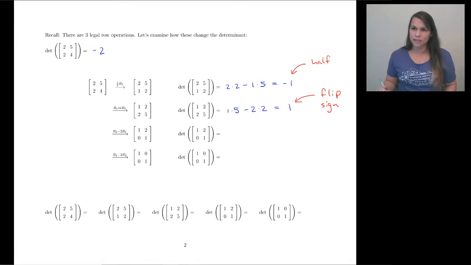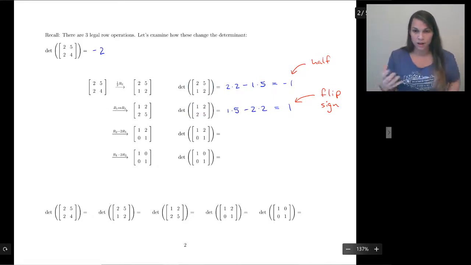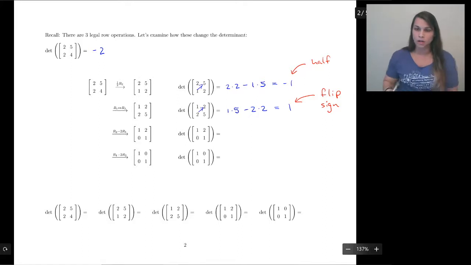And again, that's very sensible because you can see that these rows right here switched, they're backwards from before because we did a row switch. Where before we had 2 times 5, now it's minus 2 times 2, so yeah, that would totally change the sign of the determinant.